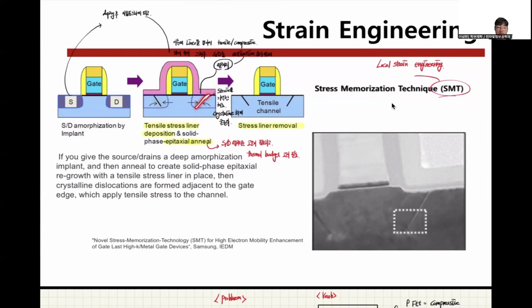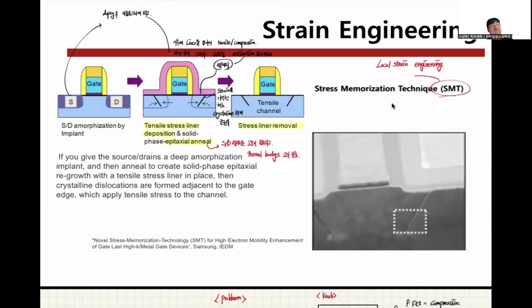Then we do heating and annealing to memorize this tensile or compressive strain. After the annealing, we strip off the liner. Then the source and drain have memorized the stress. So this is a very good technique.